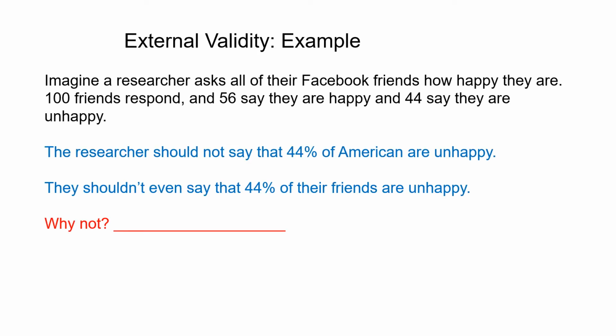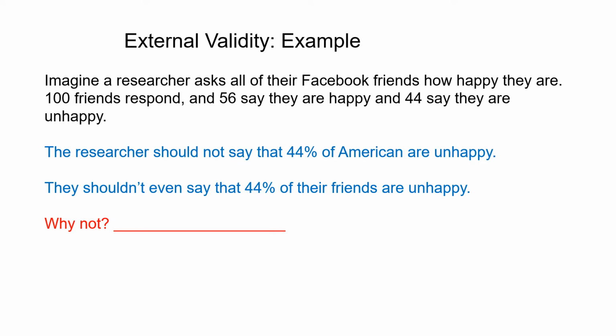Should the researcher say that 44% of Americans are unhappy? No. Should they even say that 44% of their friends are unhappy? The answer there is also no. A very big no on both of those. Why not? Because there are so many other variables that limit the external validity.